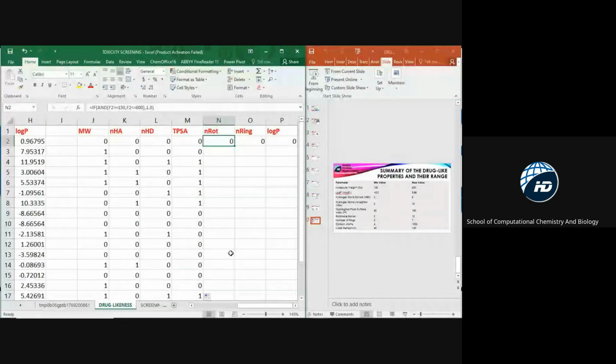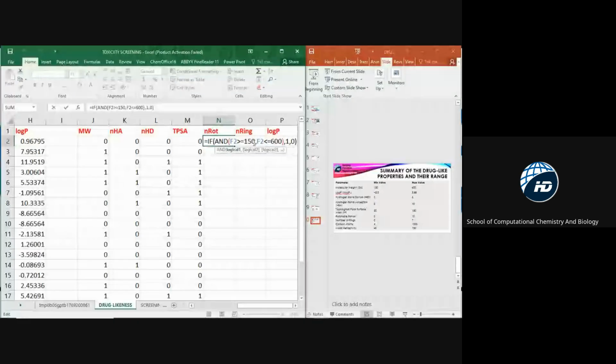Now the number of rotatable bonds, 0 to 10. I can build it at 2 to 10. So I'm building my model, I'm building my model for 2 to 10.